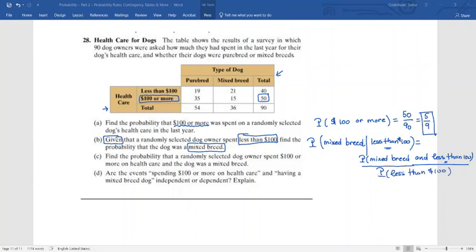So let's take a look at the table, mixed breed and less than 100. And I'll use this color, less than 100 mixed breed. We have this overlapping part, okay? And probability of less than 100, this is a conditional probability. For conditional probability, the sample size is adjusted. We will not be using the grand total, okay?